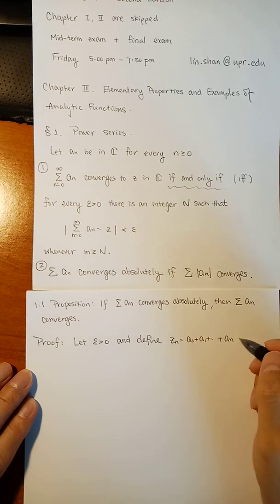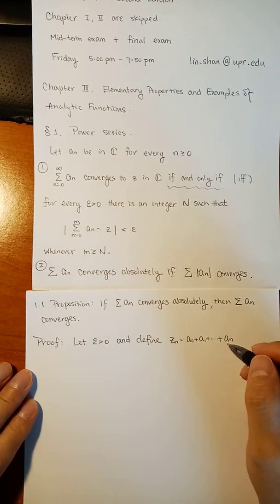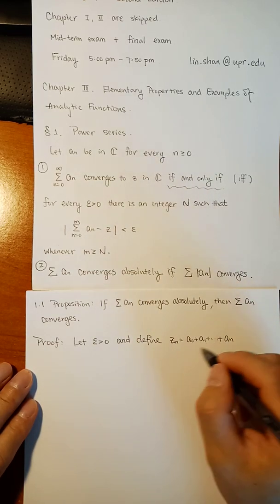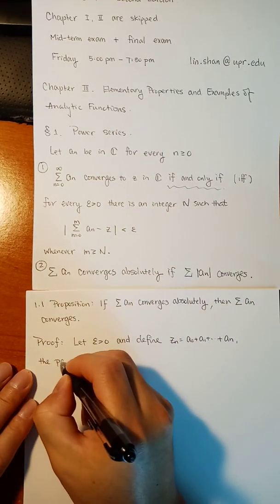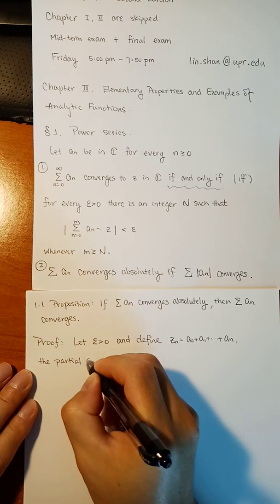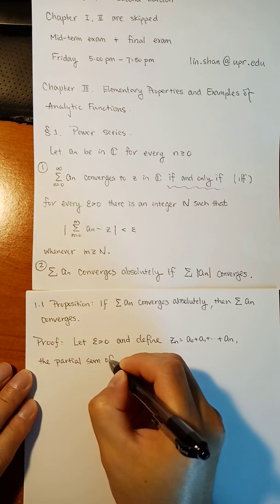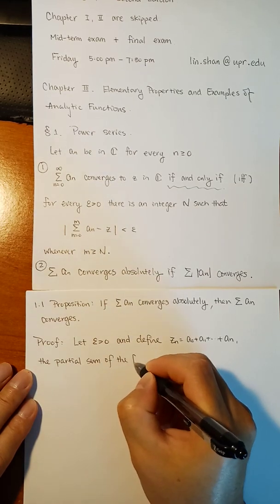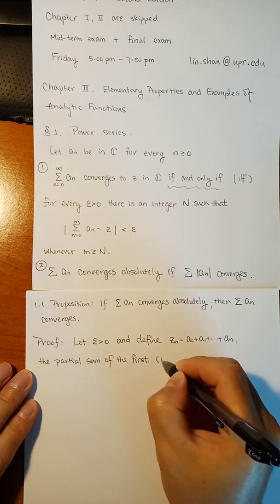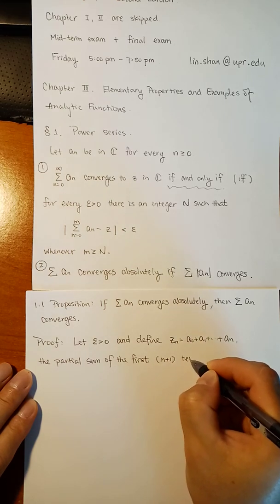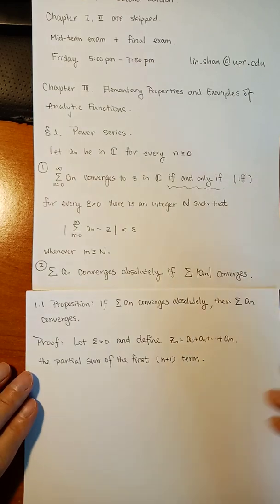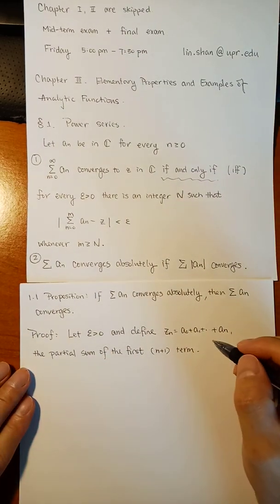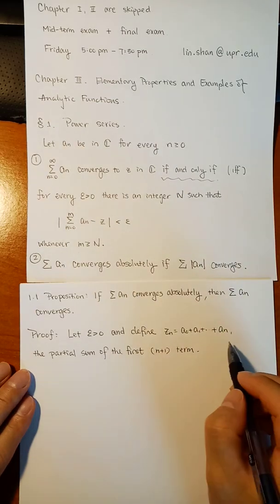So that's the partial sum of the first n plus 1 terms. Okay, so that's a definition.